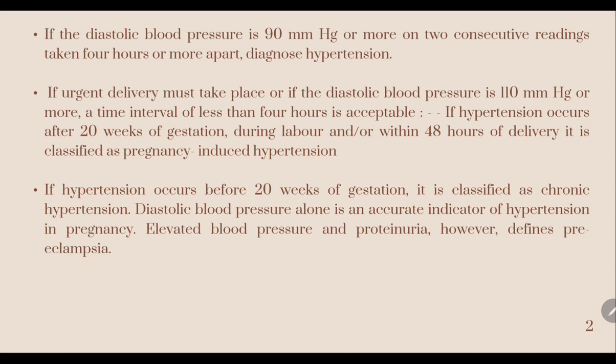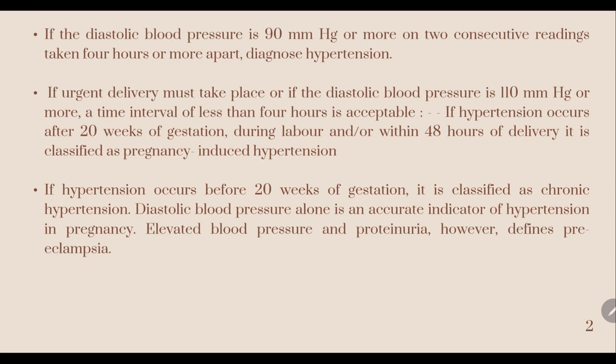So there are different parts you need to understand here. There are some terms that you need to be familiar with. The first thing is pregnancy induced hypertension. Pregnancy induced hypertension is when the patient is having elevated blood pressure, that is systolic BP more than 90 and diastolic BP more than 90.